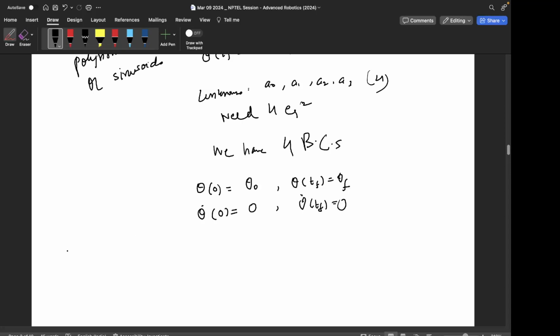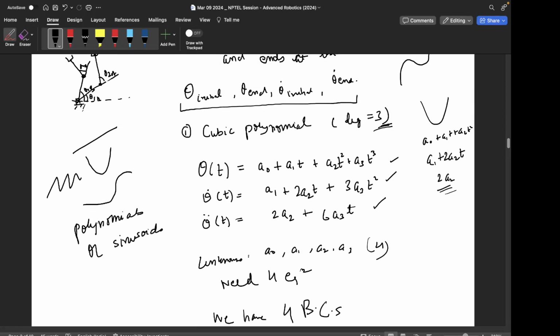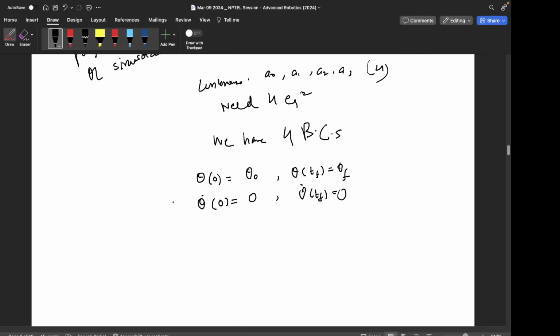So theta 0 will give you an equation: put t equal to 0 in this, so the first equation is a0 equals theta 0. Let me number the equations here: first, second, third, and fourth.